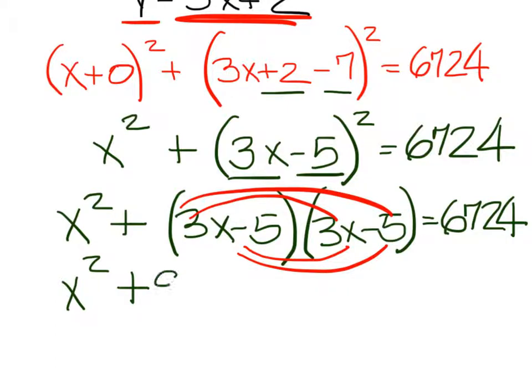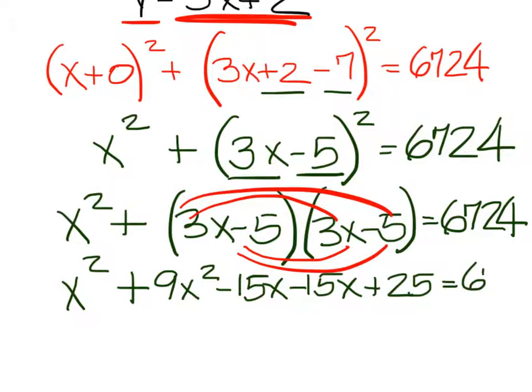So that would be 9x squared minus 15x minus 15x plus 25 equals 6724.